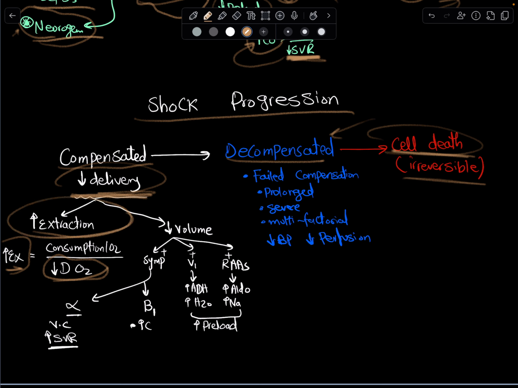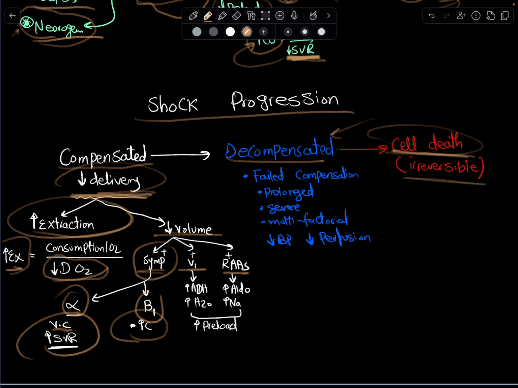And also, if you are not perfusing and you have low volume, this will stimulate the renin-angiotensin system, will stimulate the V1 receptor in the vessels, and will stimulate the sympathetic system. When you stimulate the sympathetic system, it will work on the alpha receptor and beta receptor, beta 1. When it works on the alpha receptor, it will cause vasoconstriction to increase the SVR. When it works on beta 1, it will increase the contractility of the heart.